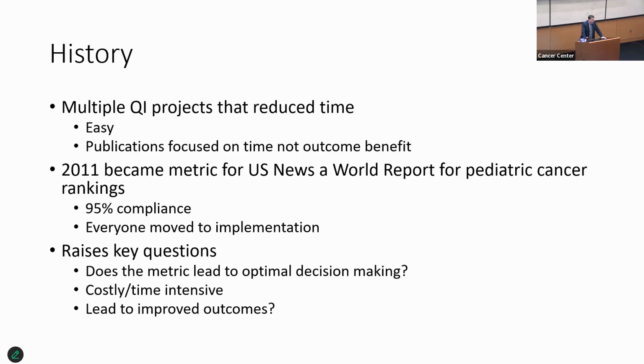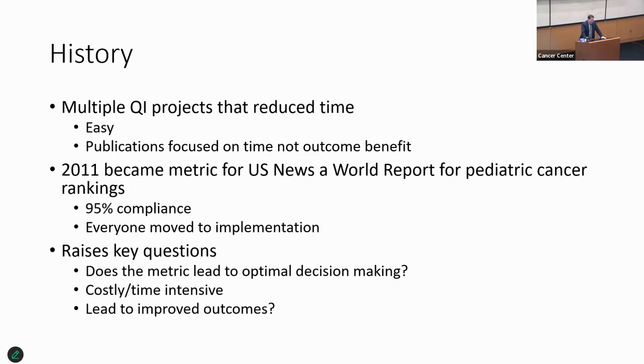And in fact, there were multiple publications, probably nearly 30, that came out that just showed that people's papers would say in the introduction, as we know, time to antibiotics is really important, usually with no reference. And then they would go down to say, our time was this, we did this, and our time became this, success, and not actually talk about any of the clinical outcomes. And so as a result, we wouldn't really find out if it worked.